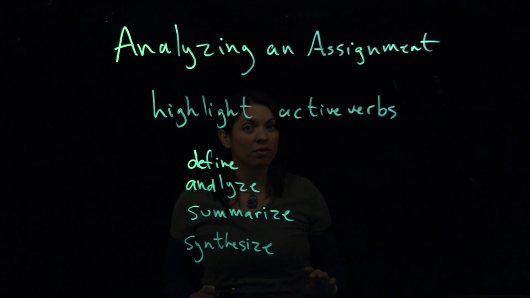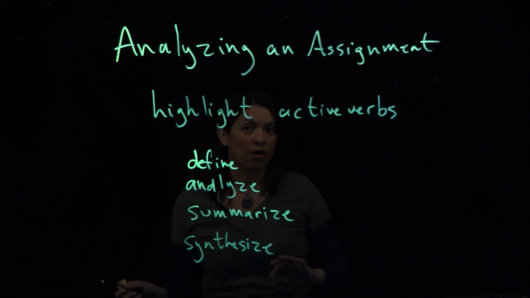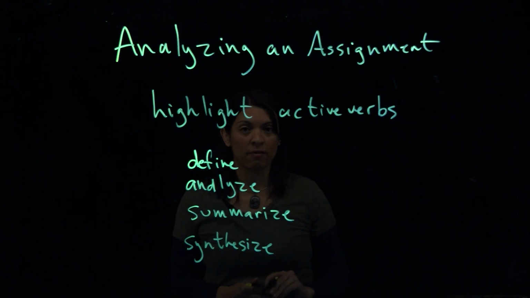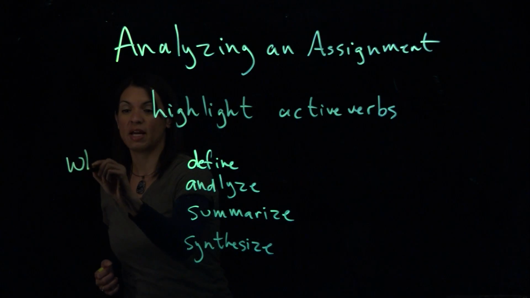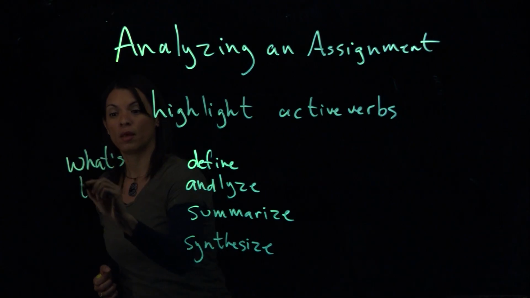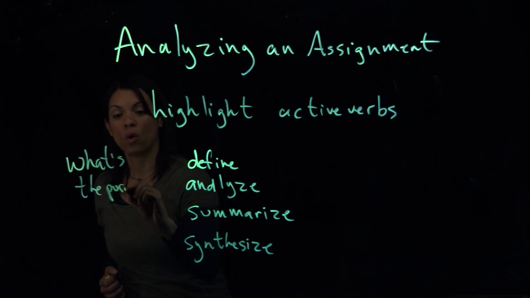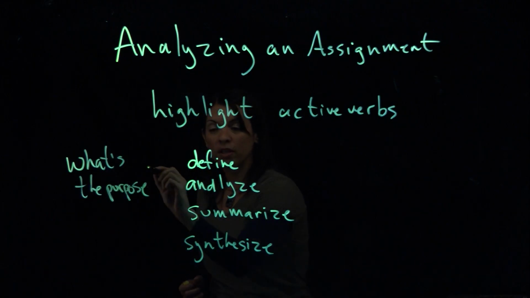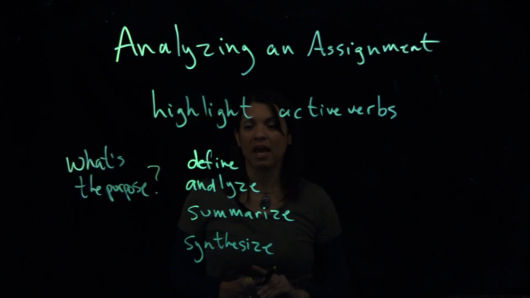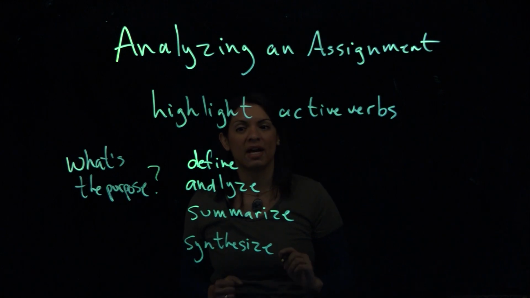In order to figure out how you should write this paper, figure out what they want you to do. So figure out the purpose. What's the purpose of the assignment? What sort of learning objective do they want you to get out of the assignment? And if you're not clear, go ahead and ask them.